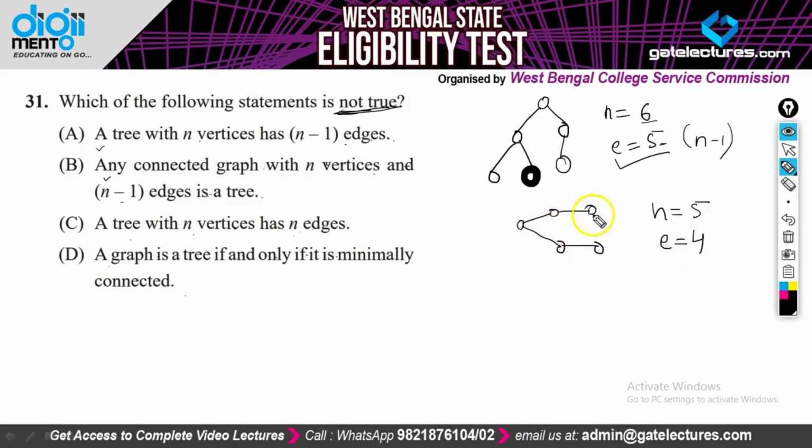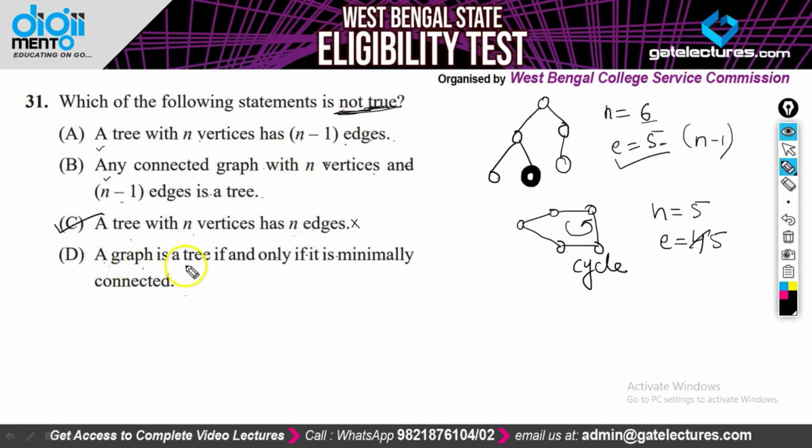It is perfectly a tree. But if I have n edges, I'll just introduce one more edge. Now it is 5 edges. So what is it? It is forming a cycle, and a tree is a graph which never has a cycle in it. So this option is clearly wrong. So this is our answer, because we have to pick which one is not true.